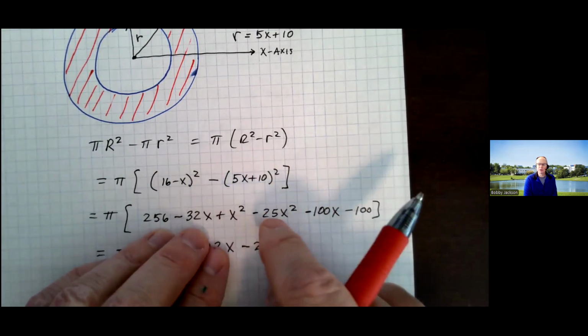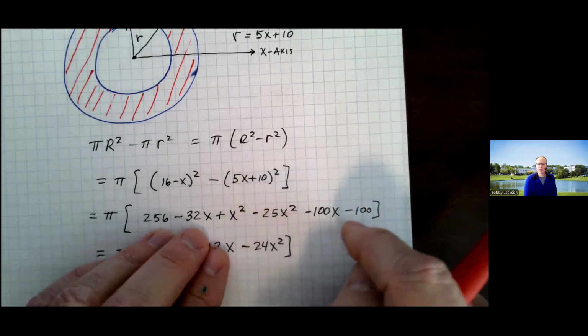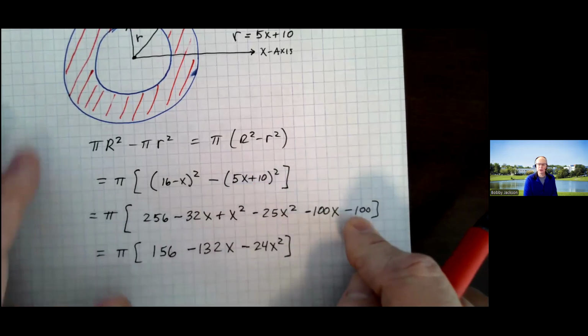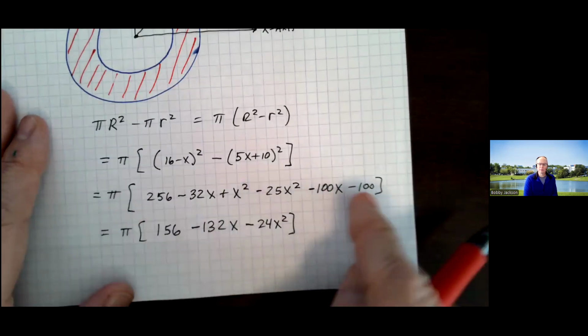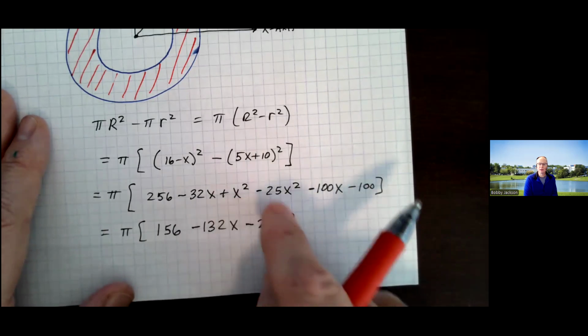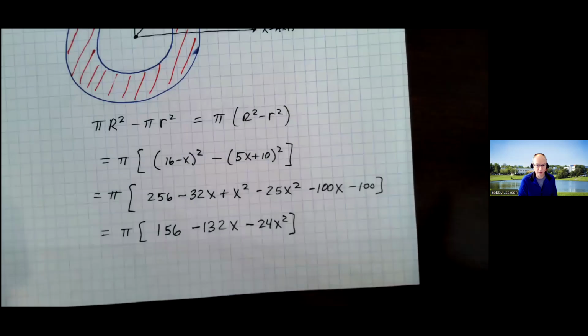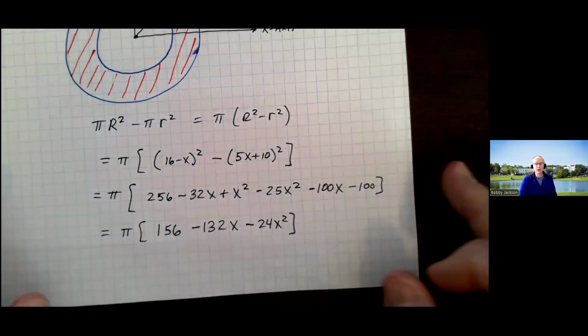And I get -25x squared, -100x. And 10 squared is 100 multiplied by -1, -100. Combine like terms, and you can see x squared minus 25x, I get this. It's certainly very helpful to simplify this before we do any integration.